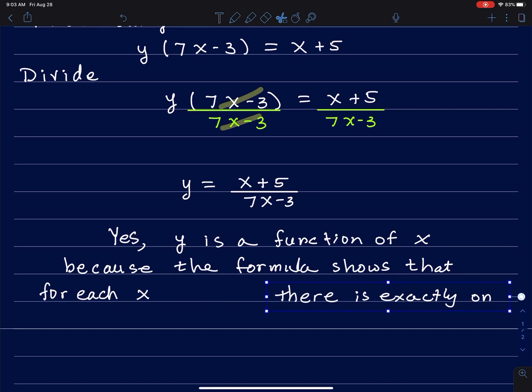What I mean to say is, for each x value, there is exactly one y value.